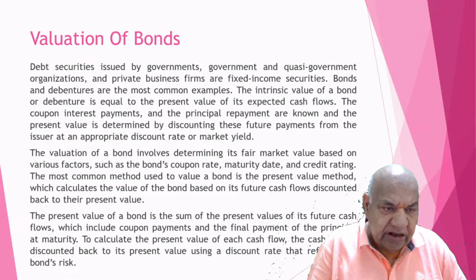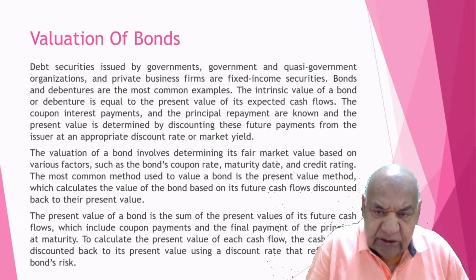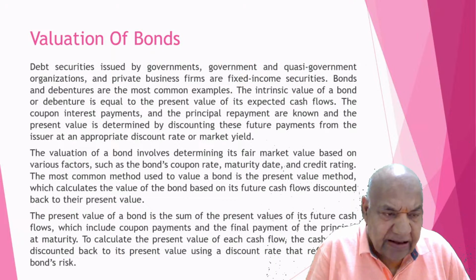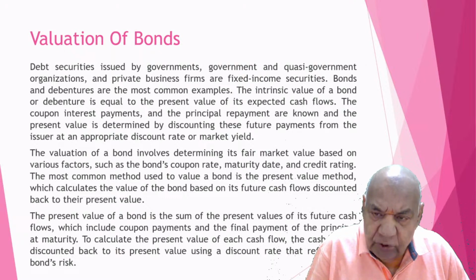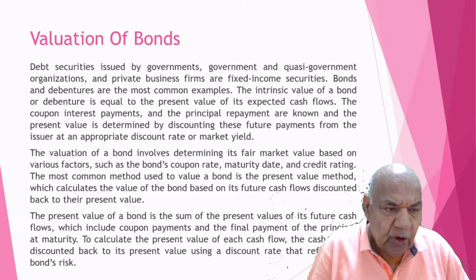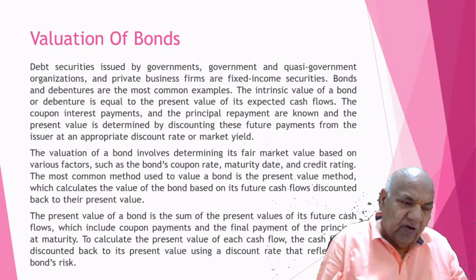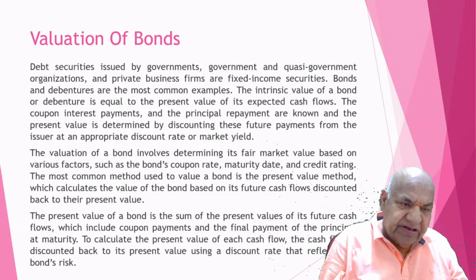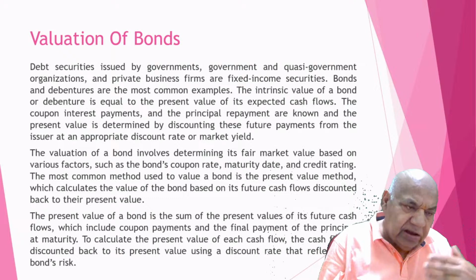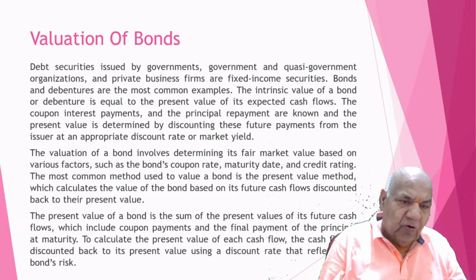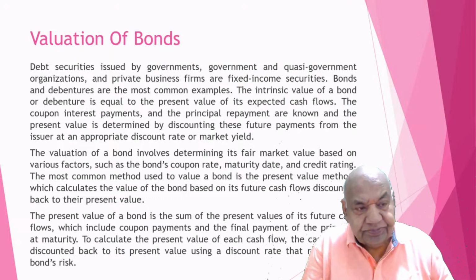The coupon interest payments and the principal repayment are known, and the present value is determined by discounting these future payments from the issuer at an appropriate discount rate or market yield. Or in other words, we have to calculate the sum of the present value of all the payments.